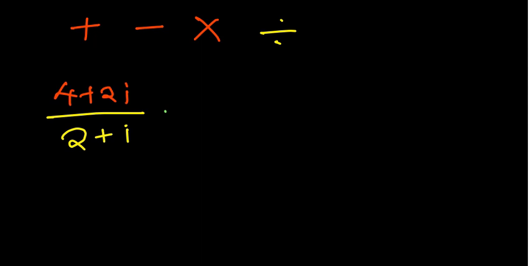So here, what we're going to do, ladies and gentlemen, is, wait, what are we supposed to do? Somebody wanted to respond. We're supposed to multiply by the conjugate. The conjugate of what? The denominator, 2 plus i, which is what? 2 minus i.